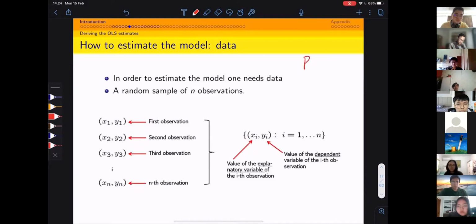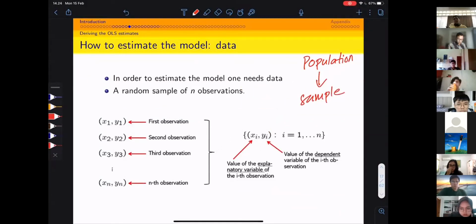population. Okay. So you have the population, and it's very costly for you to get the population values and stuff like that. And so what you do is that you get a sample. Okay. So what is the key criteria such that we have a representative sample? The key criteria is that we randomly select the sample from the population.